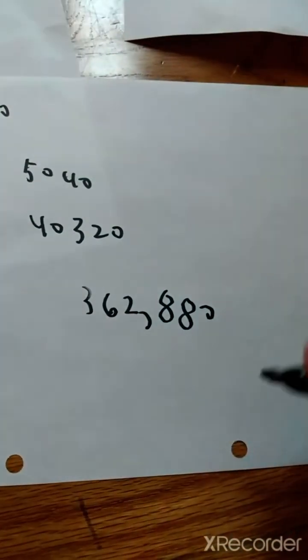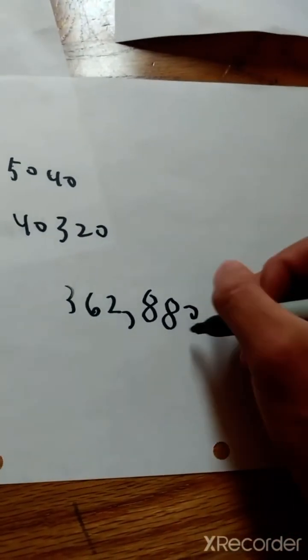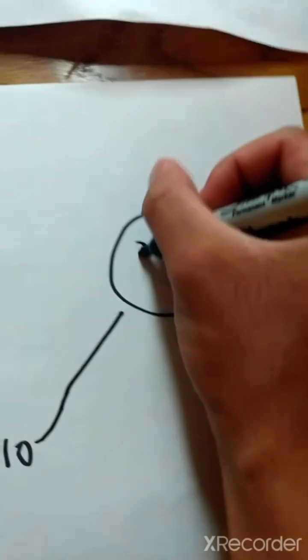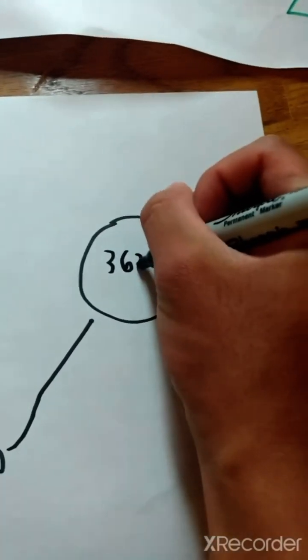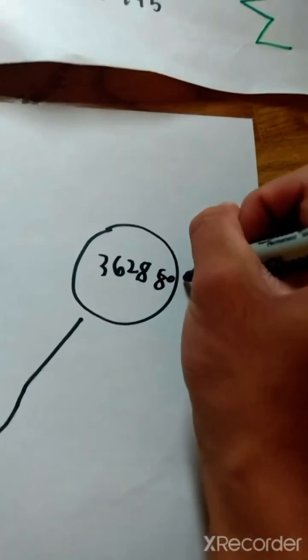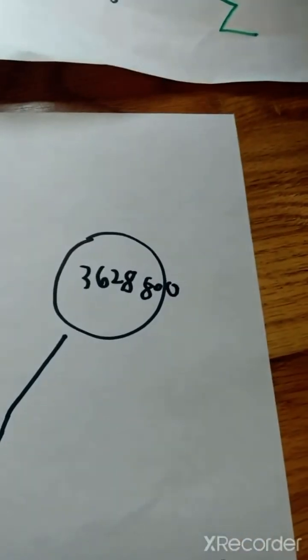So this number, 362,880, multiply that by our finish line, we get an answer of 3,628,800. And that is our finish line.